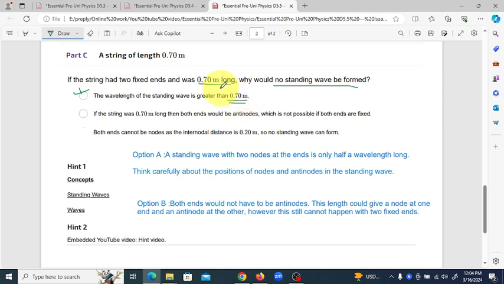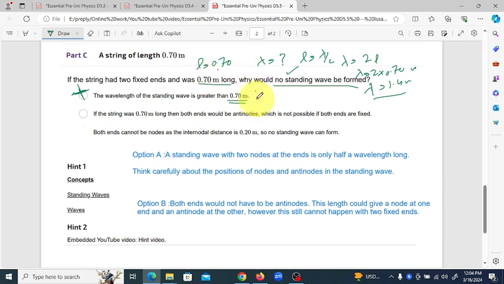If the wavelength is greater than 0.70, it is possible that a stationary wave can be formed, so this option is wrong. If L is 0.70 and L is equal to lambda over 2, then lambda is equal to 2L, which is 2 into 0.70, so lambda is 1.4 meter. In that case there might be a stationary wave.